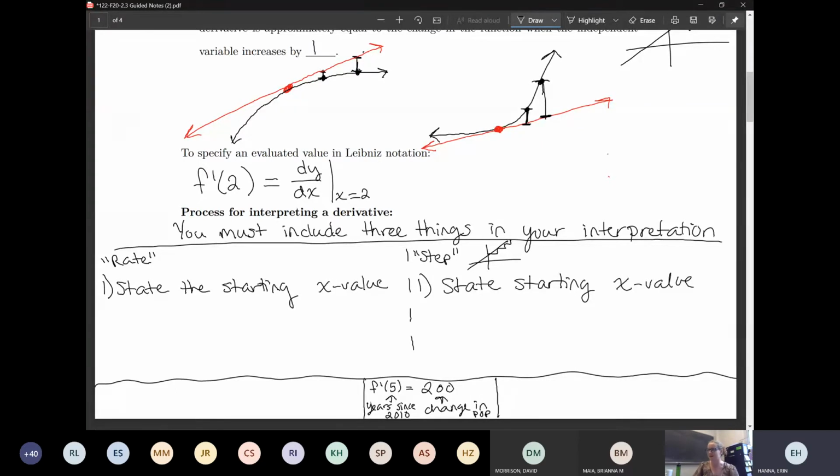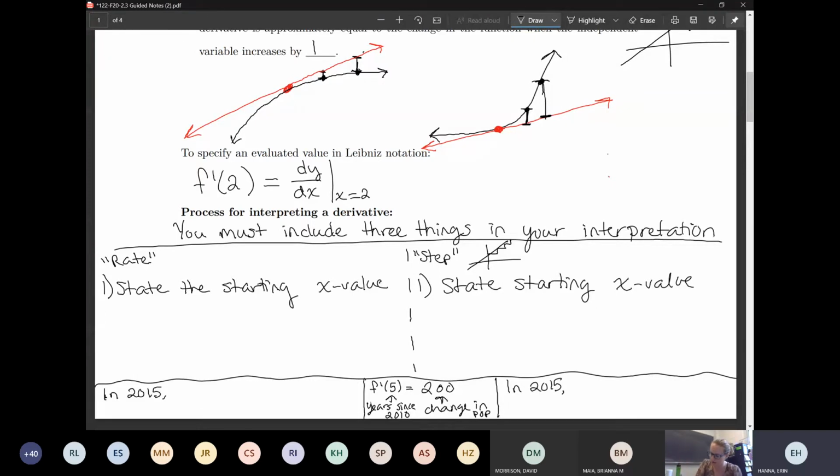I know it's really tiny down there. So essentially in both cases, we would have to say in 2015, because that starting x value is 5, since it's 5 years since 2010, I would say in 2015. So I would start interpreting both of those in either case by telling them where you're starting.